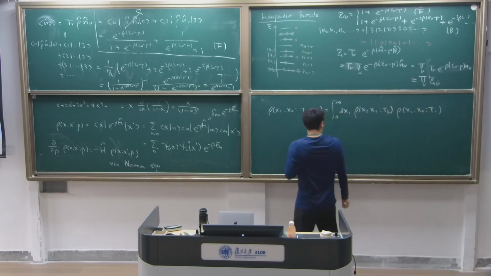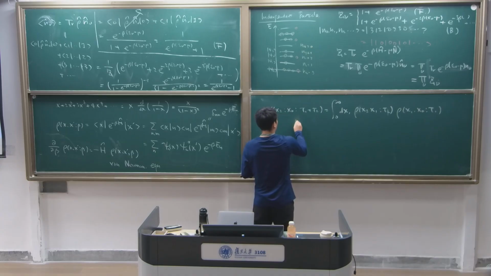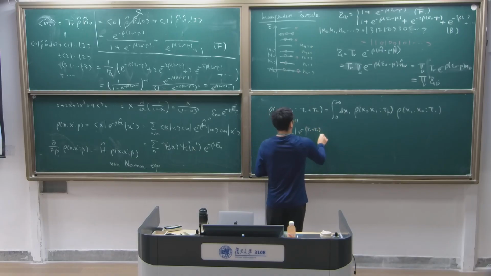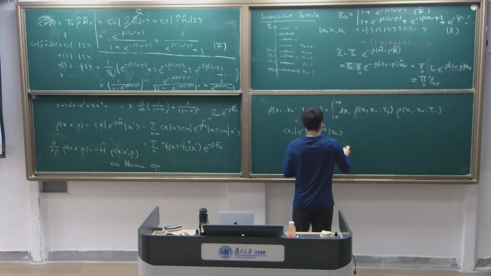Like this thing. So this is super easy, because this is in fact equal to x2 e to the minus tau 1 plus tau 2 h hat xp.